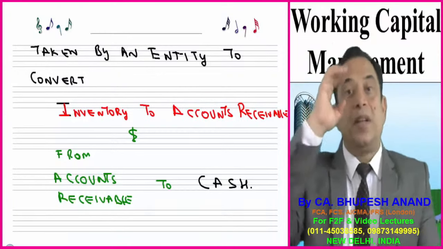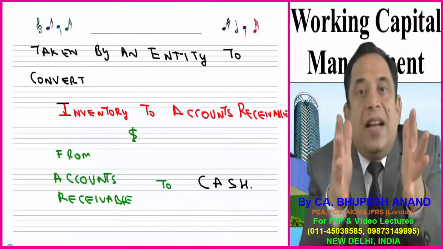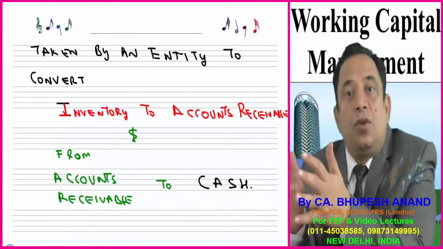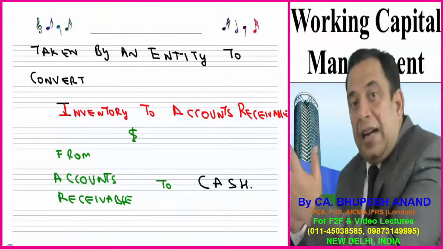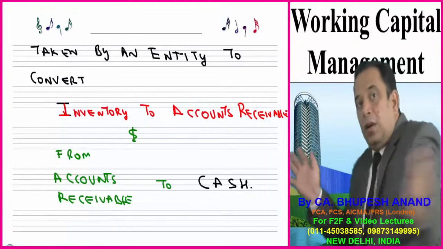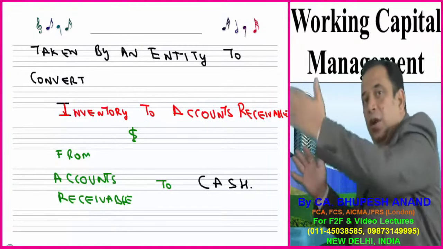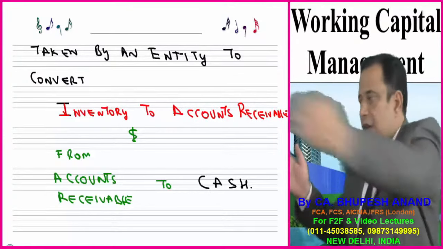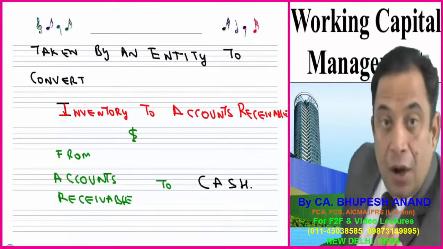Please prepare a picture in your mind: firstly this entity will be purchasing raw material, then processing it into finished goods inventory, then trying to sell it, and after selling it, it has been converted to accounts receivable. This journey up to accounts receivable is named the operating cycle.